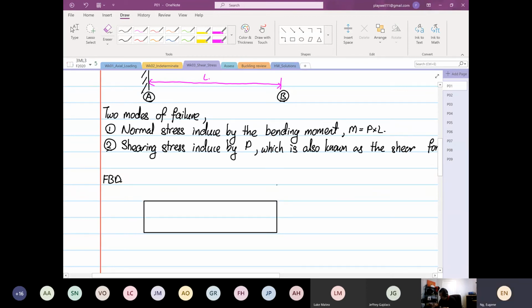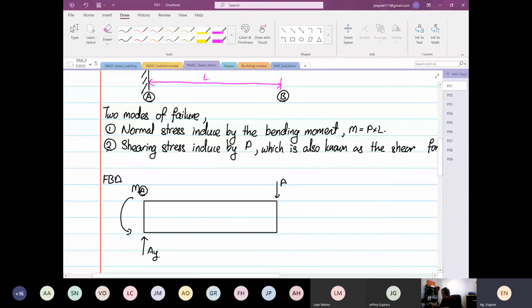So we have P over here, right? So we have a reaction over here, and this is AY. And then we have a counter moment, and this is the moment at point A. Okay, that is our counter moment.